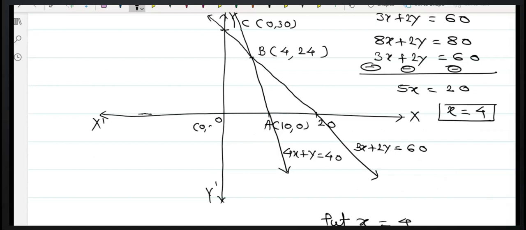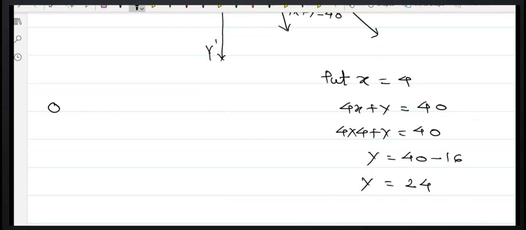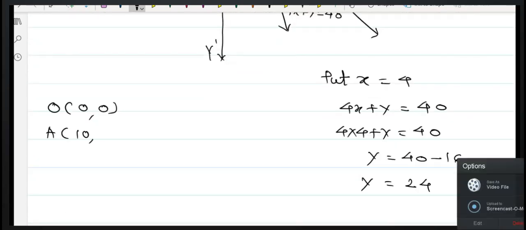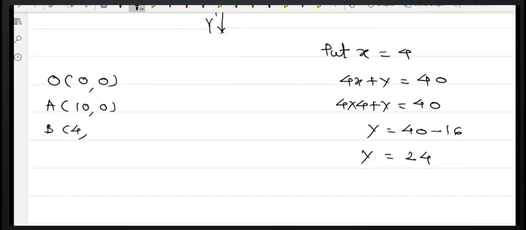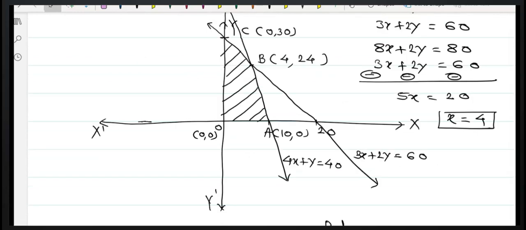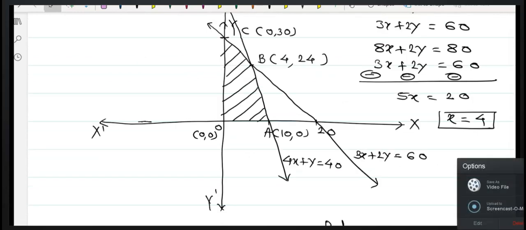Then you will get the feasible region. This is the shaded region. The points are O (0, 0), next is A (10, 0), B (4, 24), and C (0, 30).